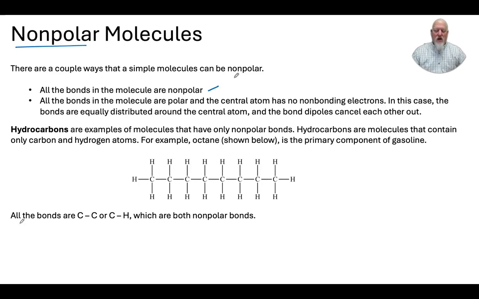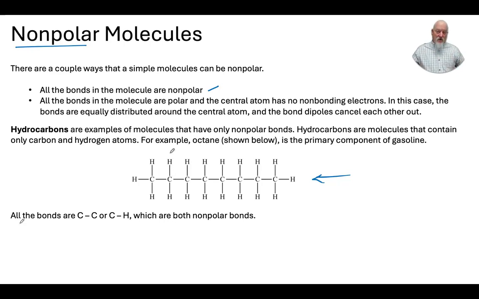Looking at this octane molecule, that's all carbons and hydrogens. It's called a hydrocarbon because it only contains carbons and hydrogens. That octane molecule is not polar. All the bonds, there's only 2 types: carbon-hydrogen bonds and carbon-carbon bonds.